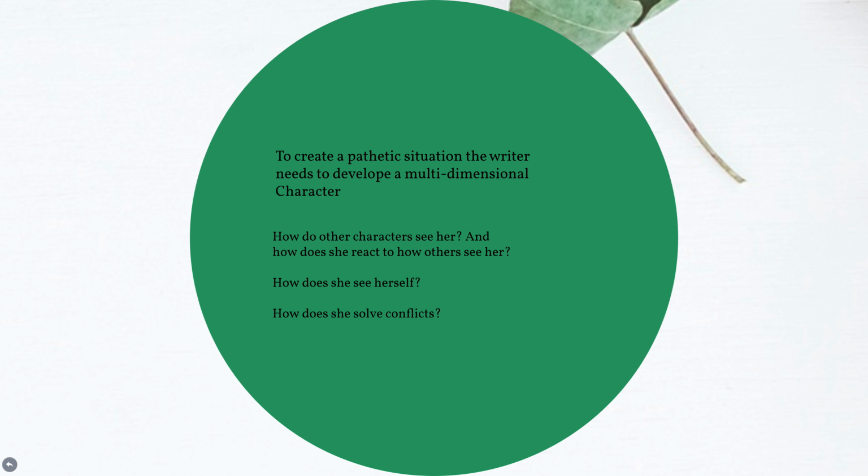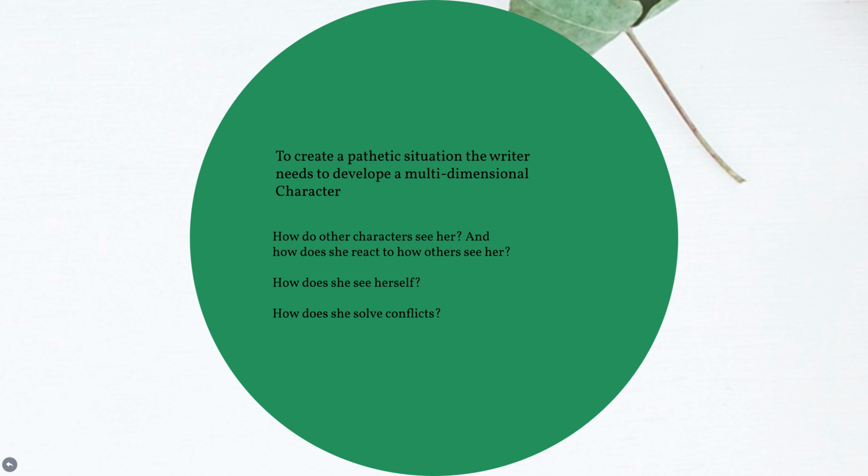A third dimension is how that character solves conflicts. So we have Antonio again, for example, and he is faced with the murder of Lupito in the dark at the river, and Lupito comes to him and says, "Bless me." How does he handle that conflict?